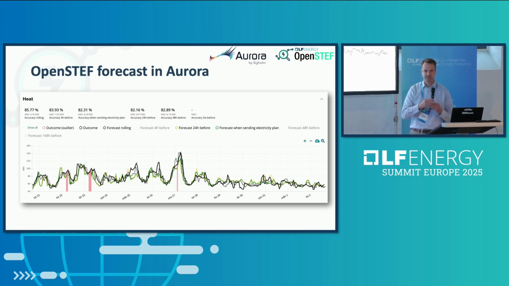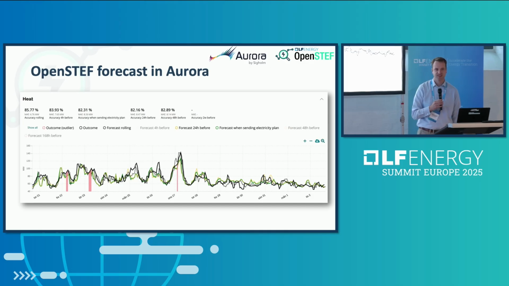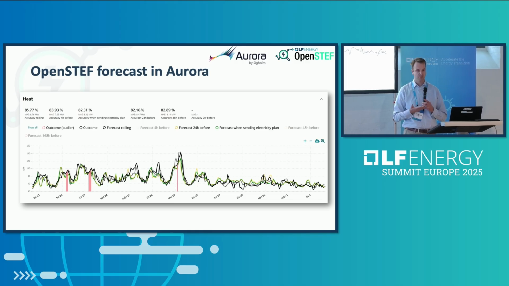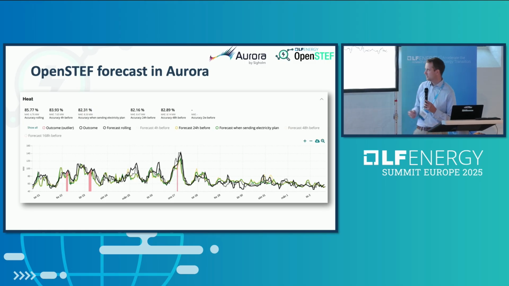Maybe you could talk about the different forecasting models. If I'm not mistaken, openSTEF is based on XGBoost. Did you also directly compare this, from a forecasting perspective but also from an application perspective, and what are the differences? So you mean comparing XGBoost with the other models for the peaks? That really depends on the use case.